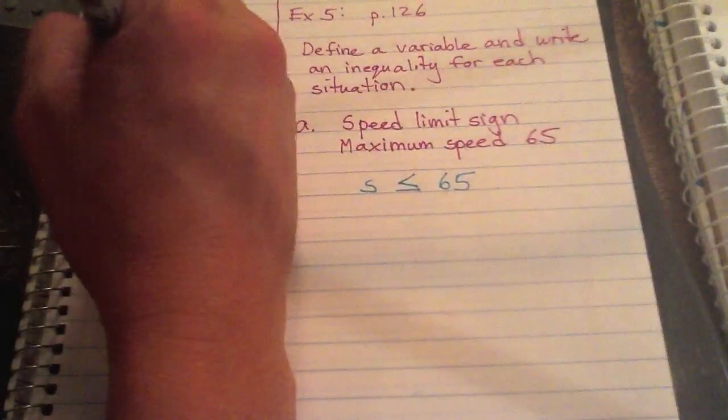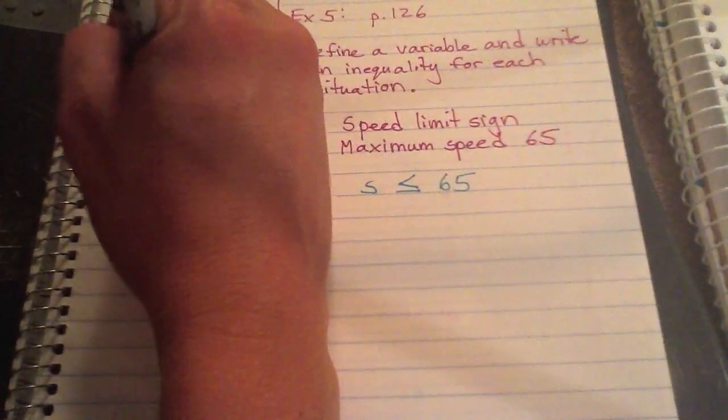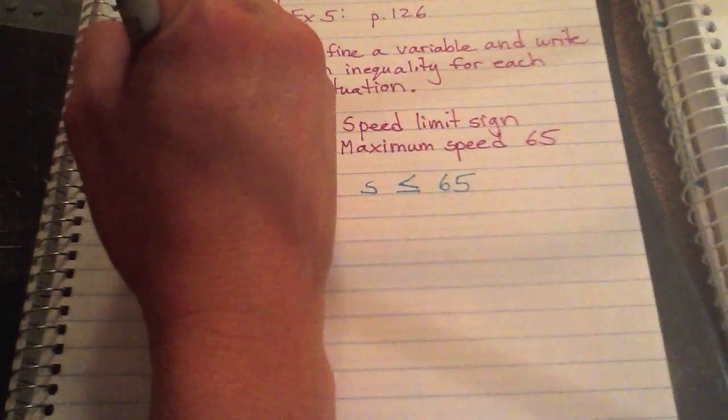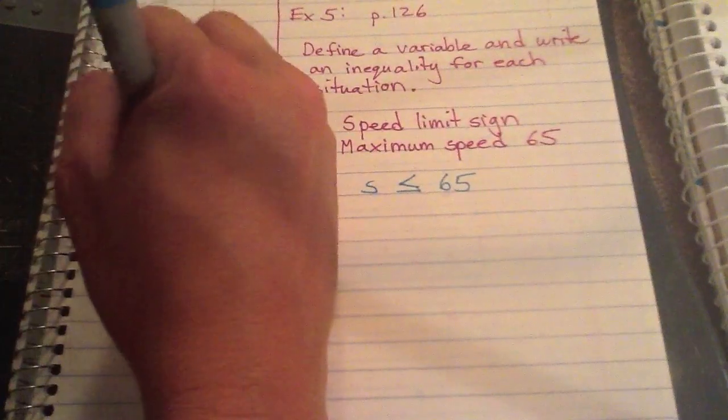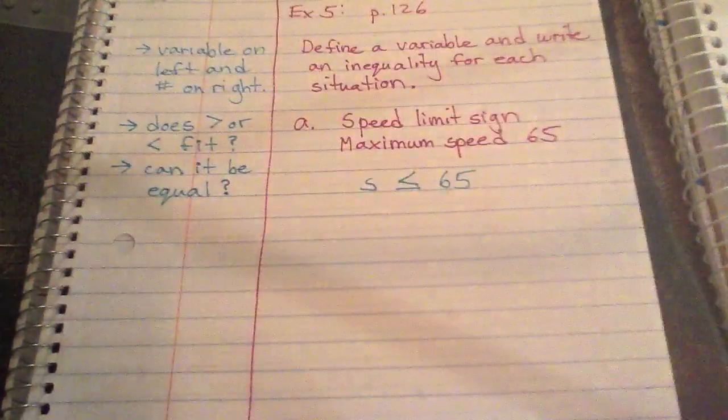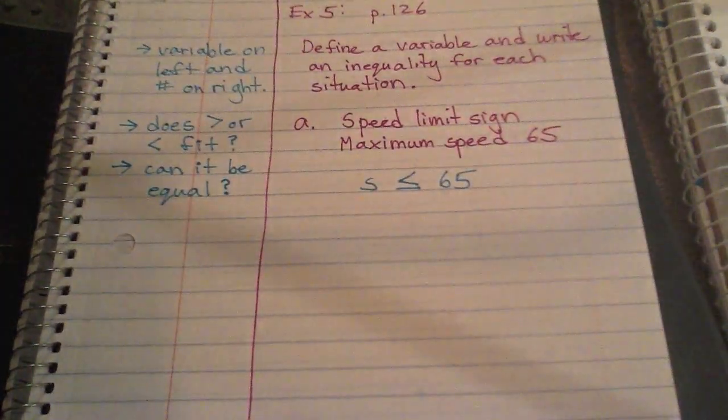Then, does greater than or less than fit? You have to try some of them. And then, can it be equal? So those are kind of the questions you're asking yourself as you go through these.